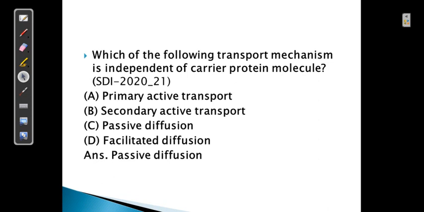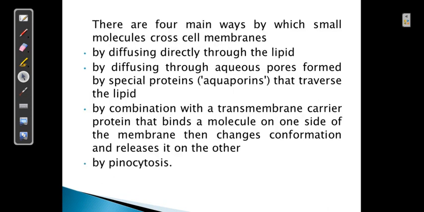Now for the justification, we should have a brief idea about drug transport. Generally, small drug molecules cross the cell membrane in 4 different ways. First, by diffusing through lipid, that is passive diffusion. Second, by diffusing through aquaporins.